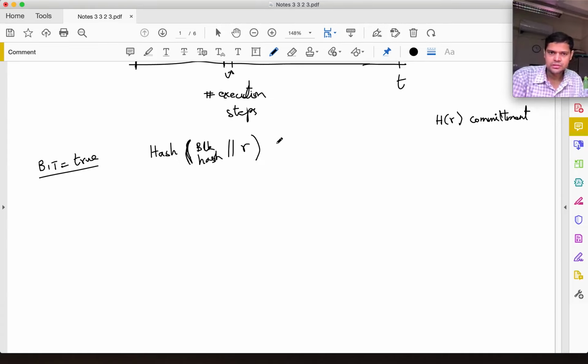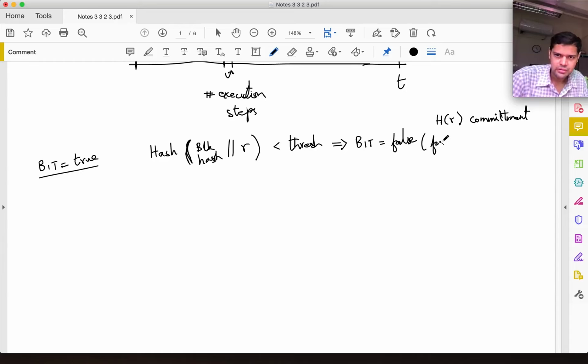If it is less than some threshold, then the bit is equal to false, and this means that it is a forced error.